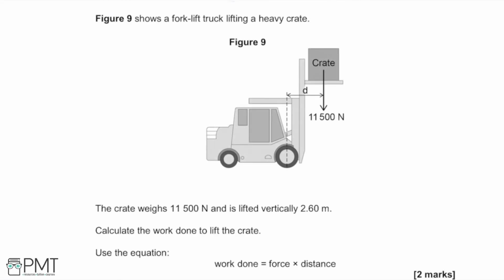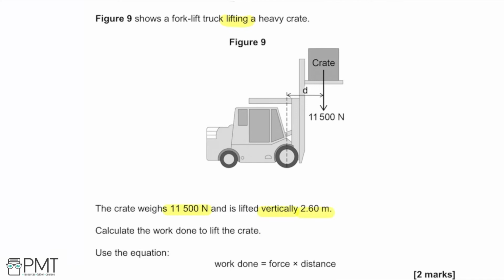So in this question, I'm showing figure 9, which shows a forklift truck lifting a heavy crate. So then in figure 9, we have the truck over here, and then we have the crate, which the truck is lifting. The crate weighs 11,500 newtons, and it's lifted vertically by 2.6 meters.